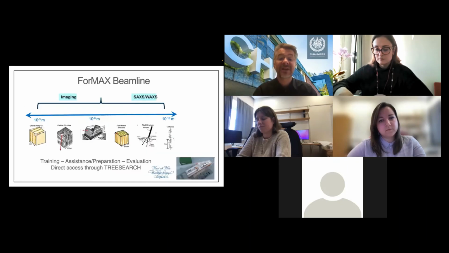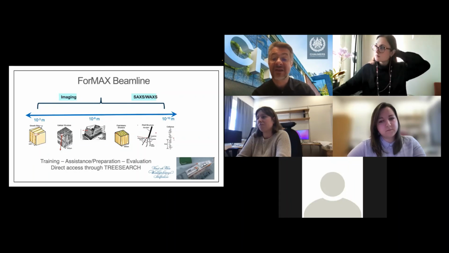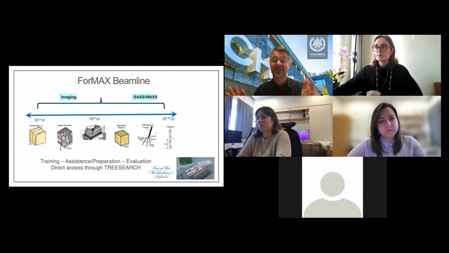And once ready, the 4MAX instrument will be very interesting in the sense that it will combine small and wide angle X-ray scattering, as Polina showed you, covering, let's say, from the molecular scale to the sub-micron scale. But coupled to this, we will also have an imaging station, to do X-ray imaging, X-ray tomography, where we overlap.